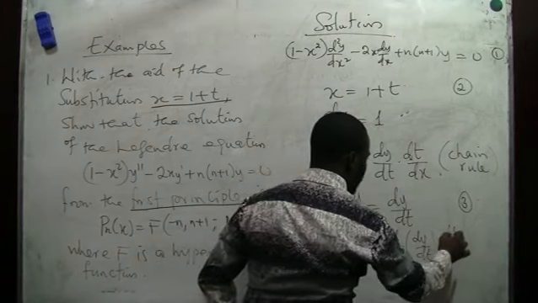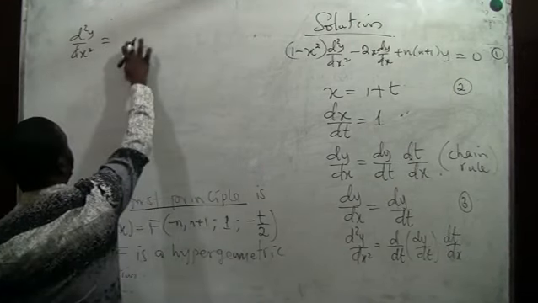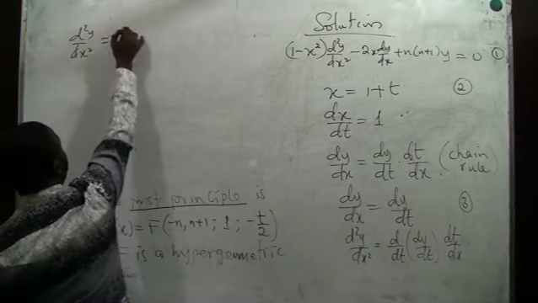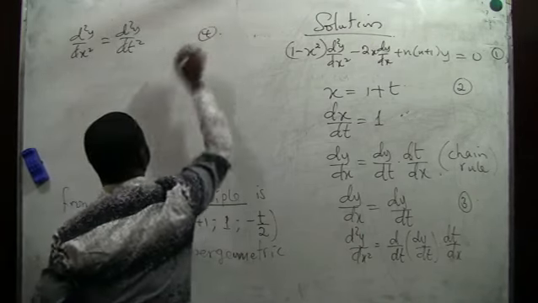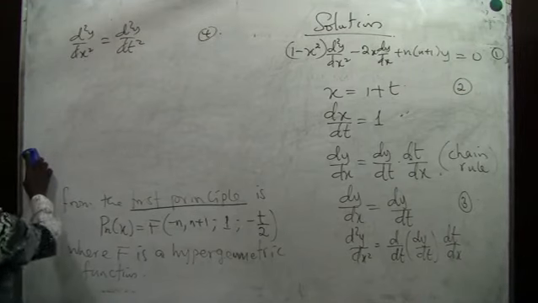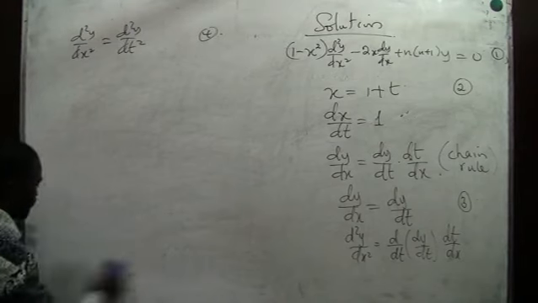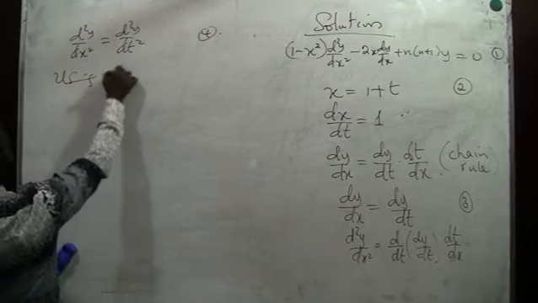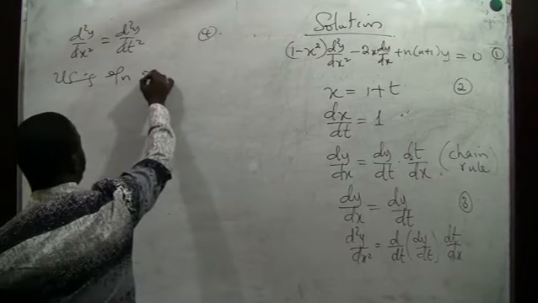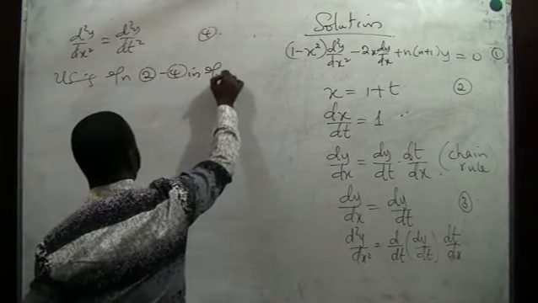And that becomes d squared y dx squared equals d squared y dt squared. Call that one equation 4. We now substitute equation 2, equation 3, and equation 4 into equation 1. Using equations 2 to 4 in equation 1, we have.